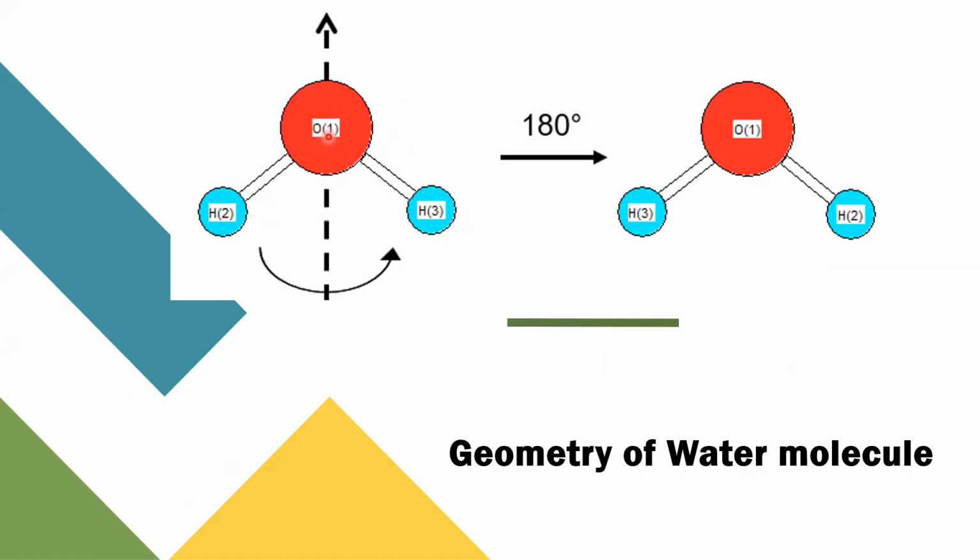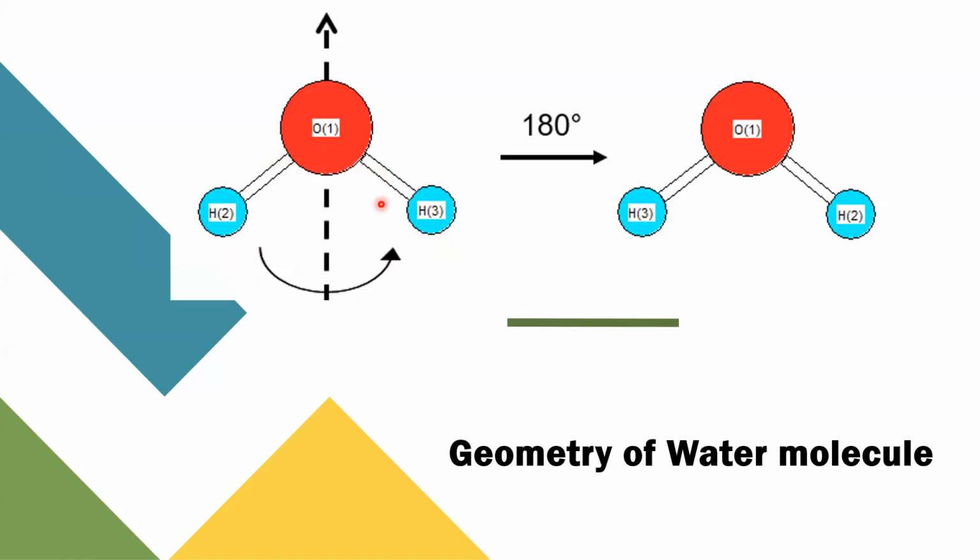And you know the geometry of water is what? You must remember those things because when you study symmetry, you have to visualize the three-dimensional structures. Then it's easy. So this is a bent molecule, right?